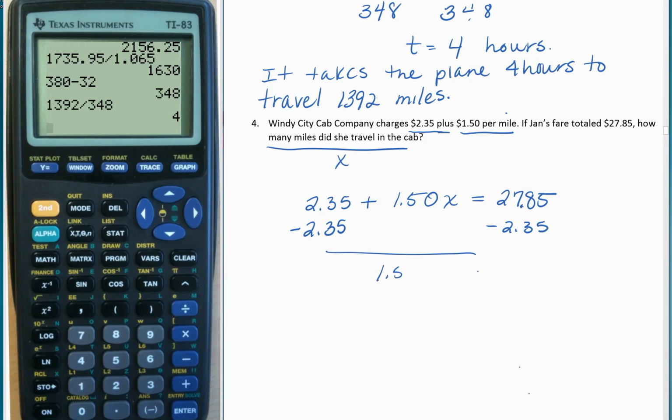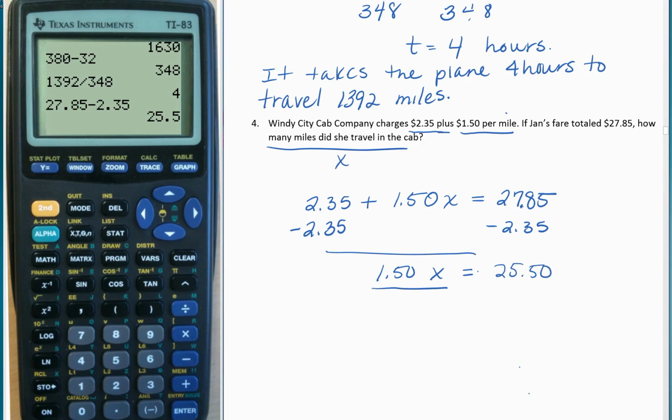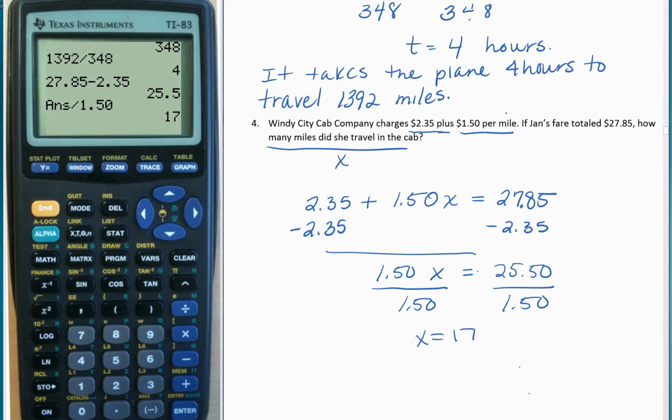So we'll have 1.50x equals 25.50, and now we just need to divide both sides by $1.50. So we see that she went a total of 17 miles. So we can say Jan traveled 17 miles in the cab.